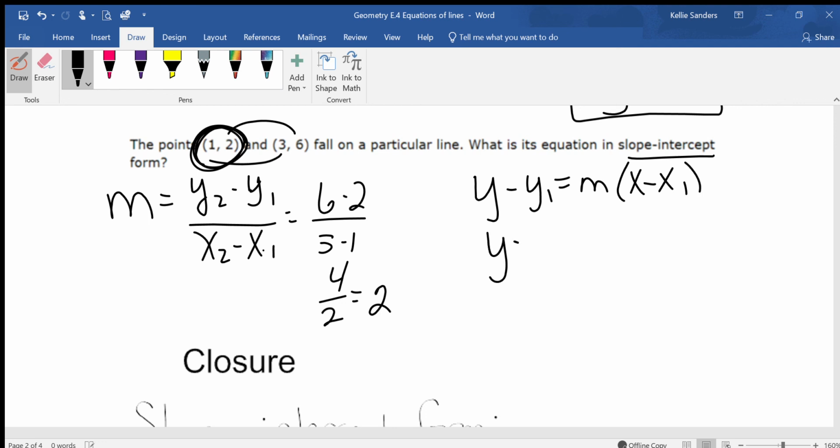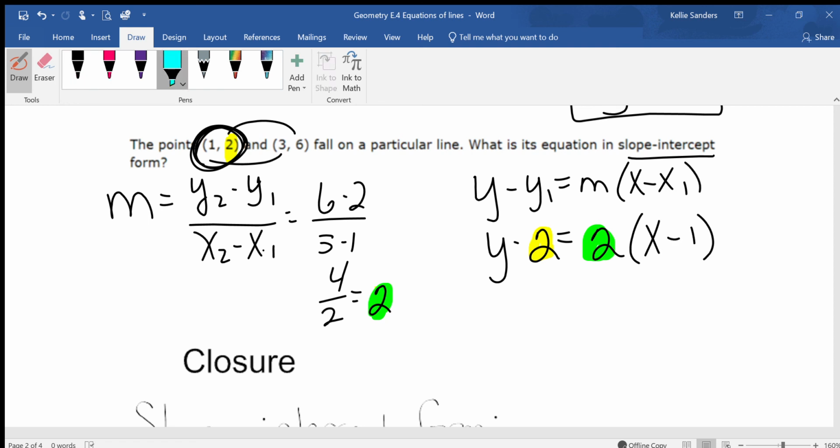So y minus 2, which is this 2, equals m, which is 2, which is this 2, x minus x1, which is 1, which is this one. It is not in slope-intercept form right now. It's in point slope form.